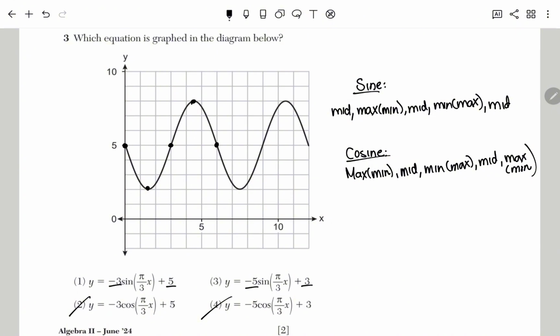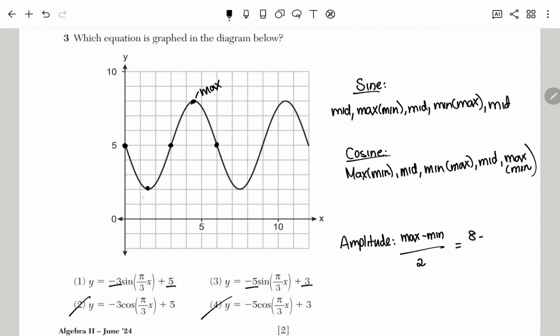Now, we know that the amplitude is equal to the max minus the min divided by 2. Let's find our amplitude. So I know that our maximum is 8. This is our max.